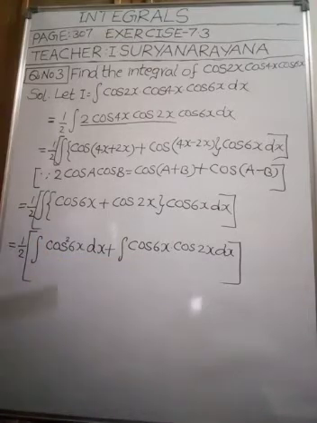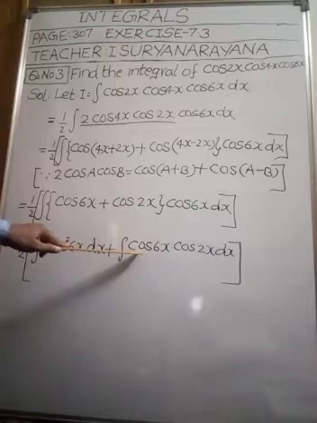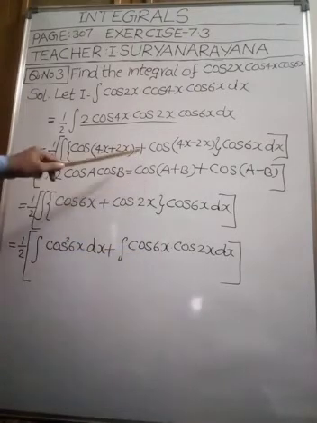Right. Now come to this first term. It is in the form of cos square a. Cos square a can be written as 1 plus cos 2a by 2, because we don't know the direct formula. That is why we are using the suitable trigonometric identity. Here also we have to multiply and divide by 2. Again we use this transformation.